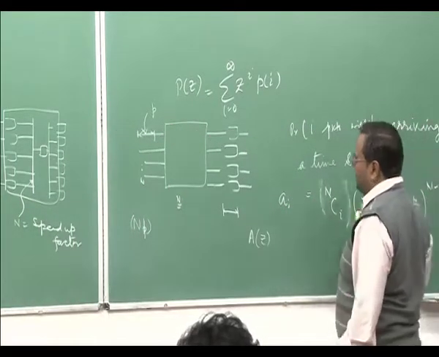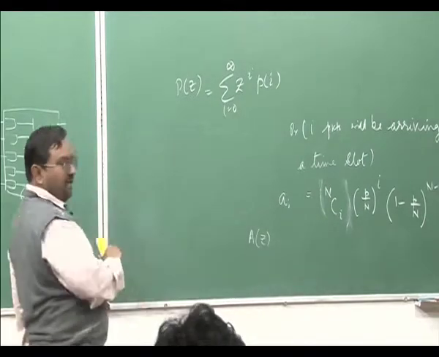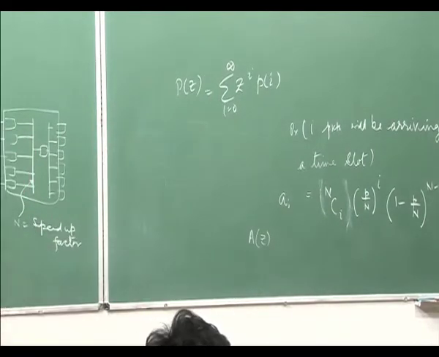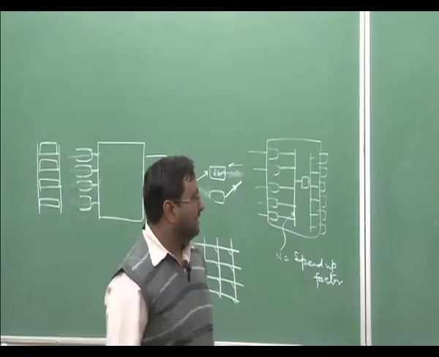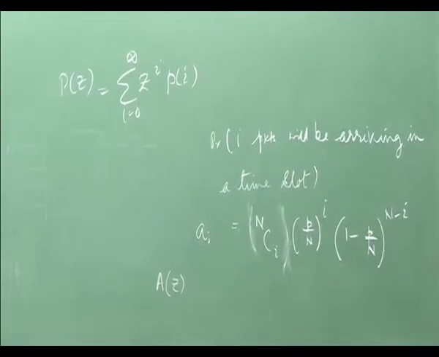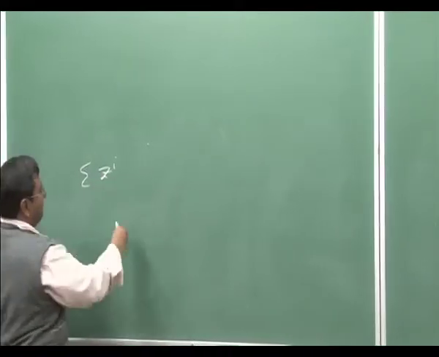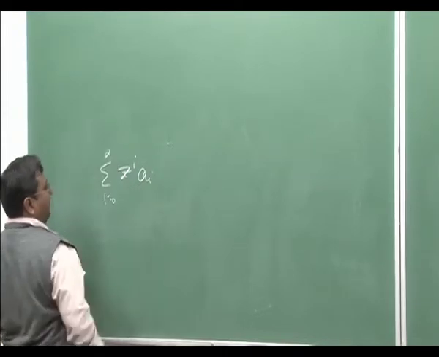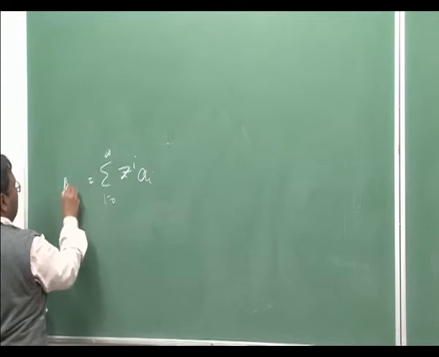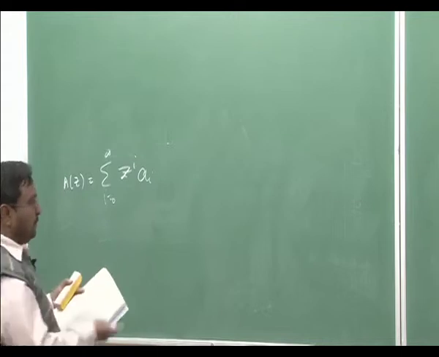It is a useful property because once I know the Z transform, and when two variables add, I can actually find out the Z transform of the combined stuff. Okay, so I will use those things directly. So A(z) in this case will be given by, you can put whatever is this A_i, this is what will be A(z). So you can actually solve for this.